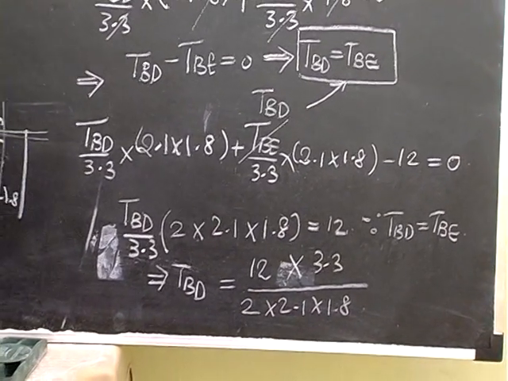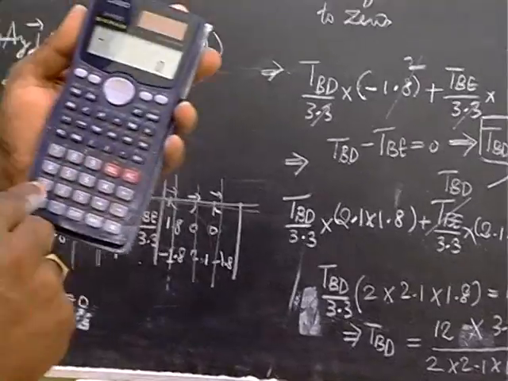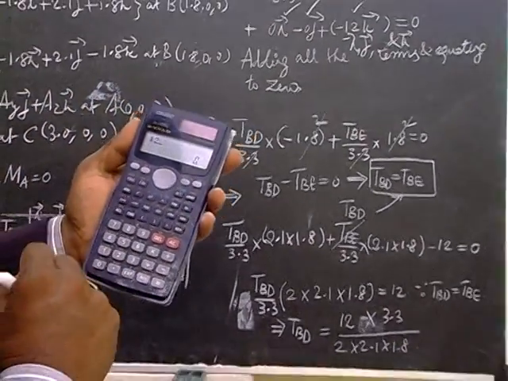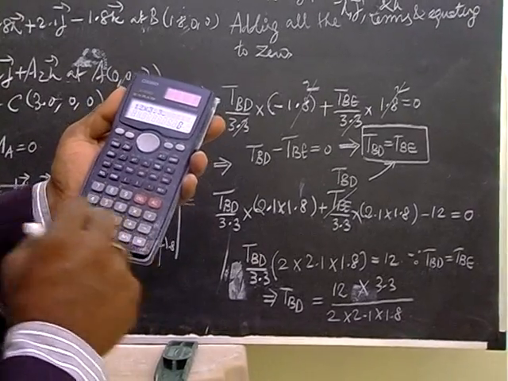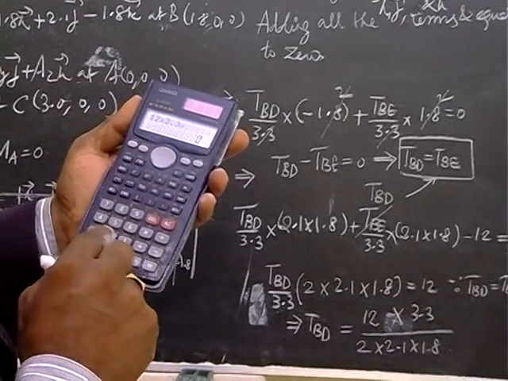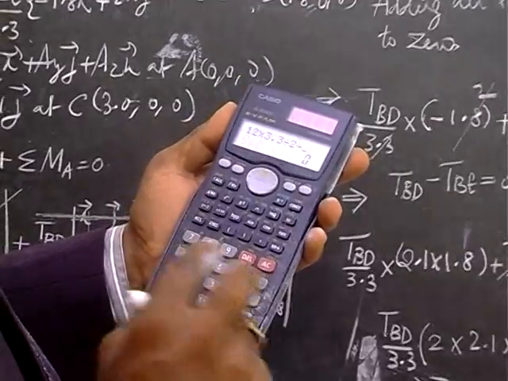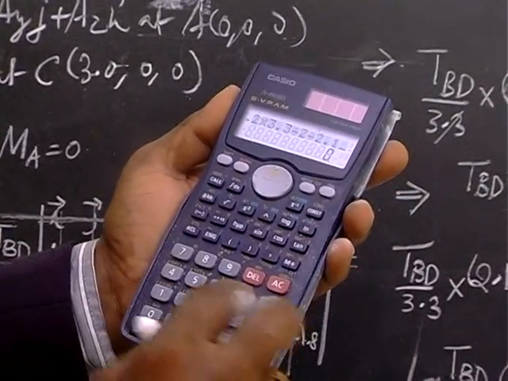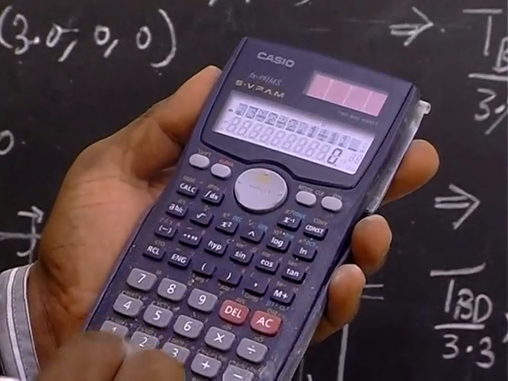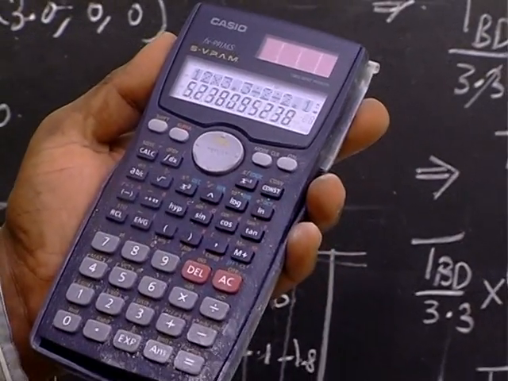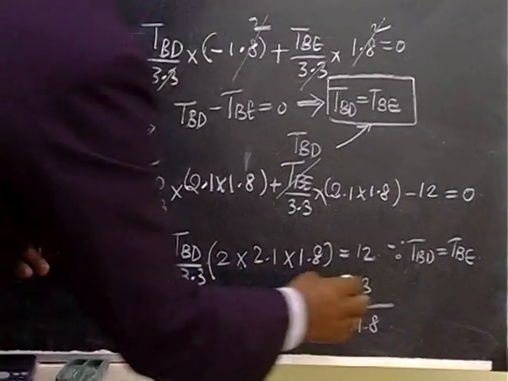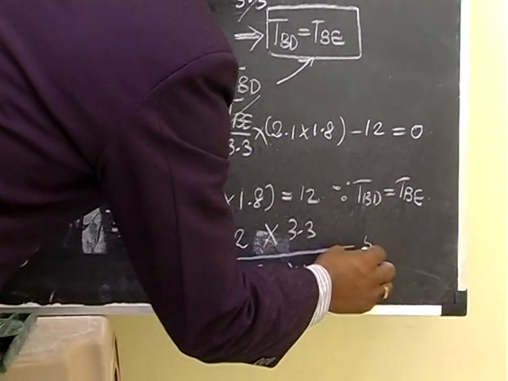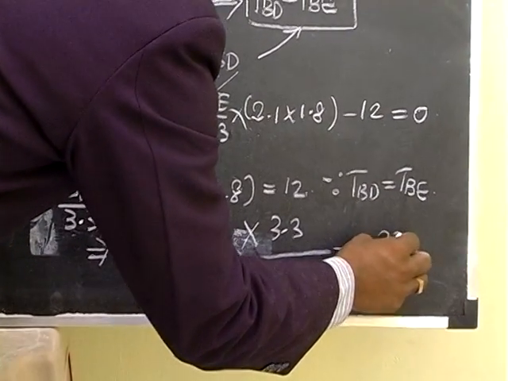Now let's see, the first term is 12 multiplied by 3.3 divided by 2 divided by 2.1 divided by 1.8. So the answer is 5.238. The answer TBD, we are getting 5.238.